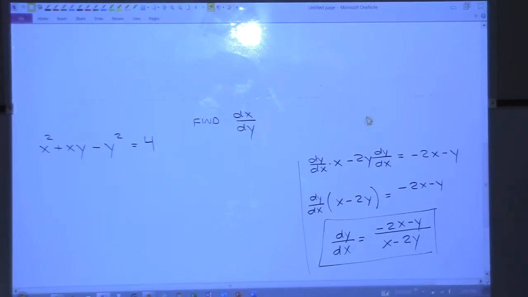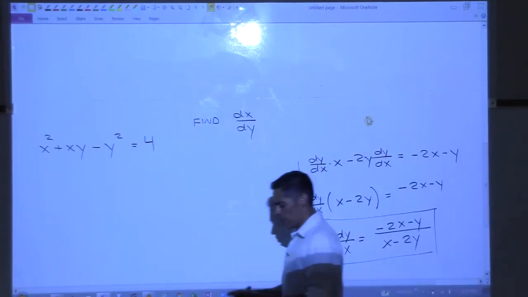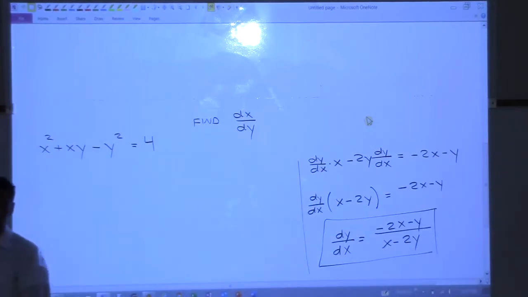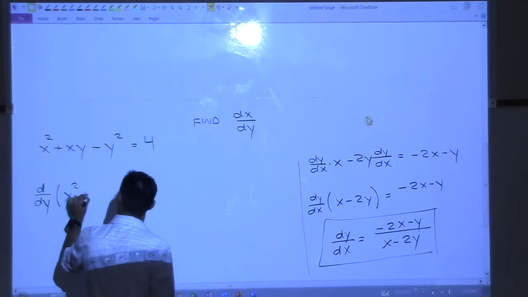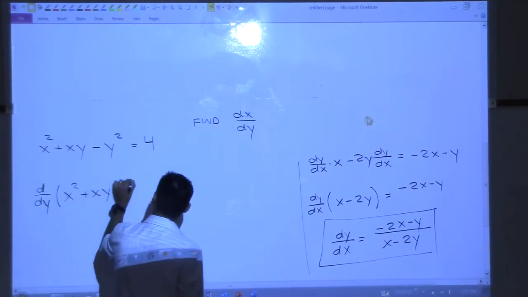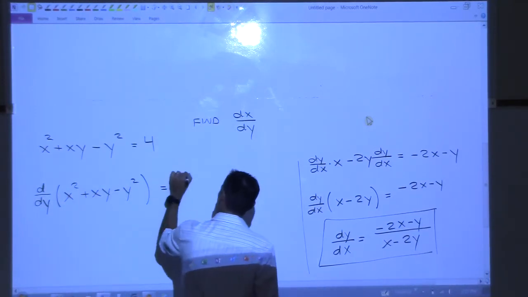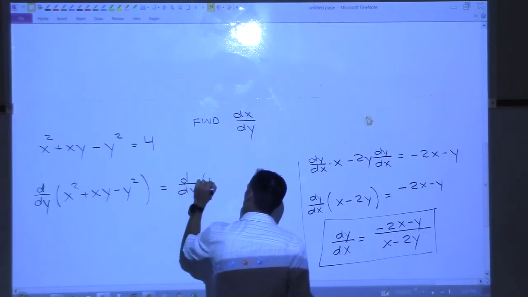This time I want you to treat the y like the independent variable. So when I come in here, I'm going to take the derivative on both sides, but I'm going to say d over dy over here: x squared plus xy minus y squared equals d/dy of 4.